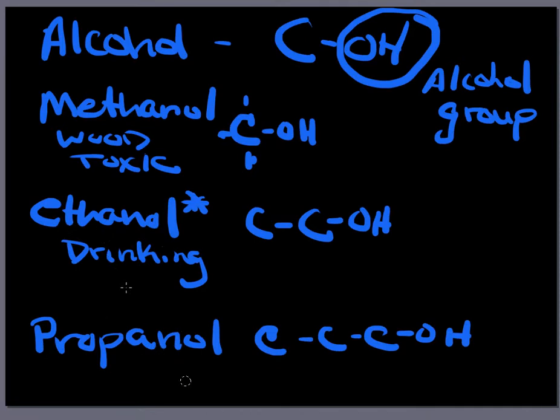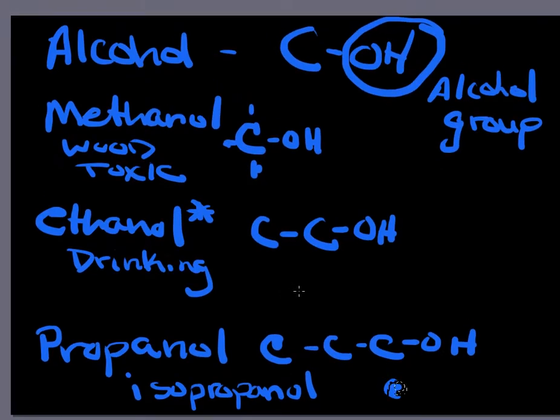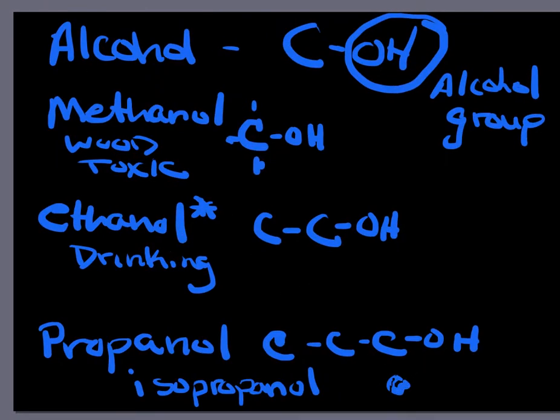The isomers, and what we're going to talk about being an isomer, is a change in the position of the OH group. If we change the position of the OH group, we can get an isomer called isopropanol. That should sound familiar to all of you.